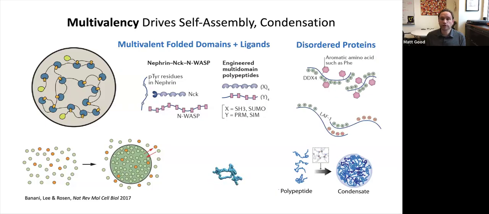But what we've really focused on, and what's more common in biology, is the assembly of low complexity sequences, essentially unfolded polypeptides that have these disordered stretches. And the multivalency comes from interactions often considered weak along this disordered chain.